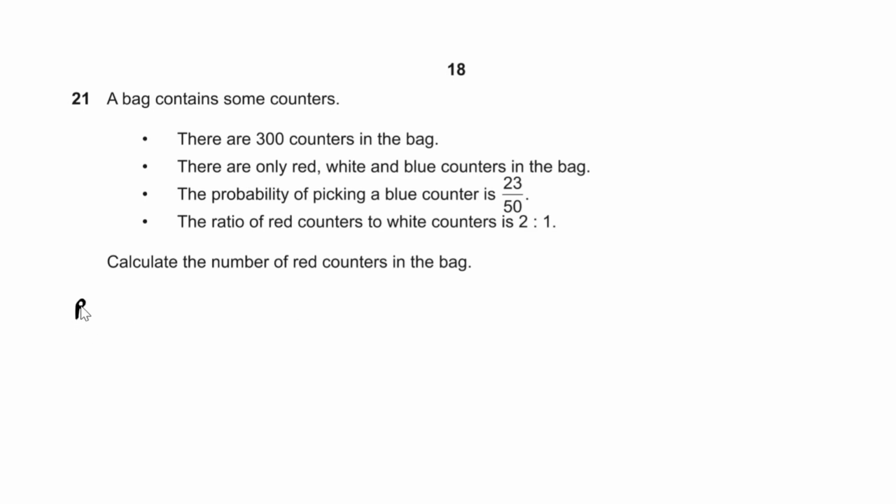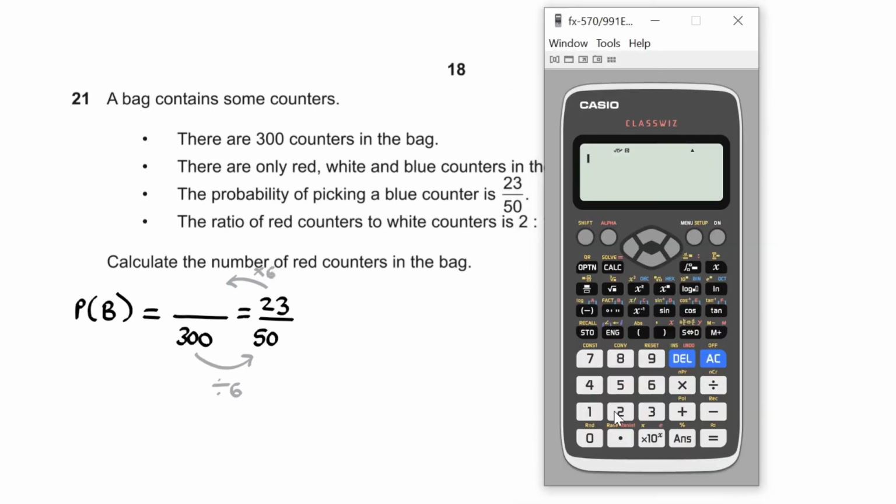Well, the probability that we get a blue counter, that is equal to some value divided by 300. We've got 300 counters in total, and of those, some of them are blue. And we know that this will eventually simplify to 23 over 50. Now, to go from 300 to 50, we have to divide by 6. So if I multiply 23 by 6, we get 138.